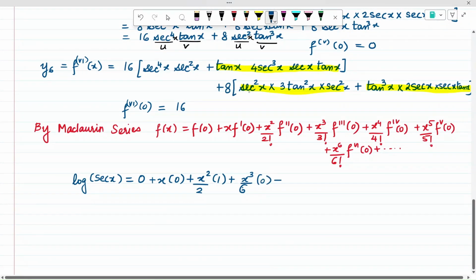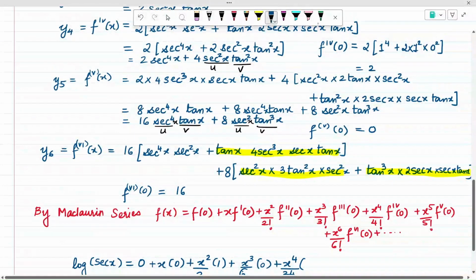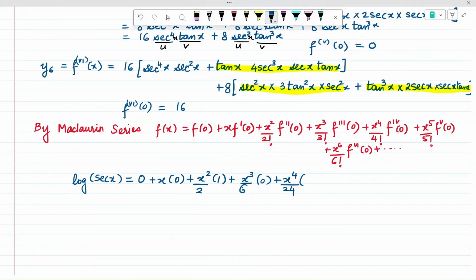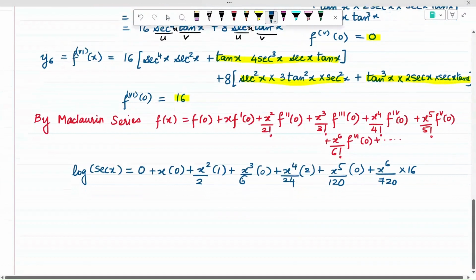So 0 here. x raised to 4 upon 4 factorial, which is 24, multiplied by the fourth order derivative. The fourth order derivative is 2 here, so I'll be multiplying by 2. x raised to 5 by 5 factorial, which is 120, into the fifth order derivative, which is 0. x raised to 6 by 6 factorial, which is 720, multiplied by 16. So let's simplify.